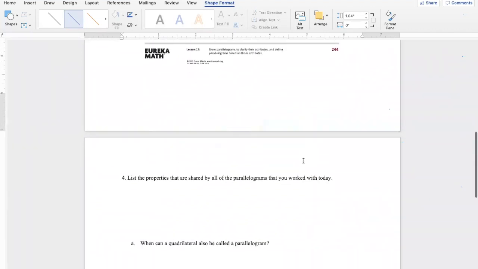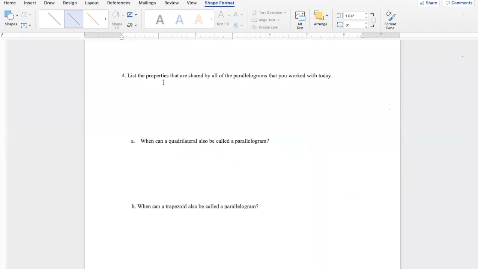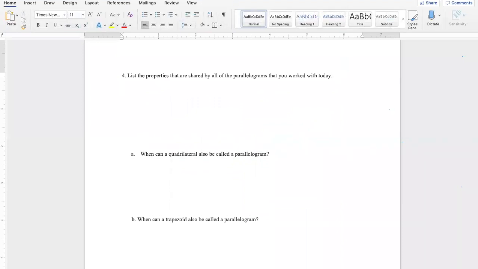Now I'm going to scroll down to number 4. I just copied and pasted some words in here because this is your required problem for lesson 17. And it says list all the properties that are shared by all of the parallelograms that you worked with today. And you should include things like it has two sets of parallel sides to make it a parallelogram.